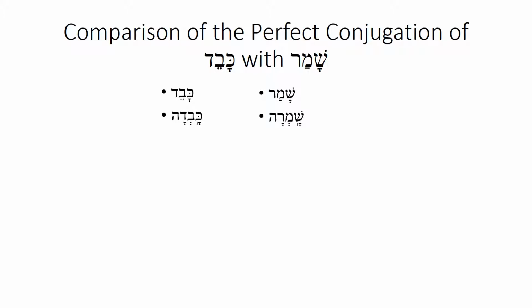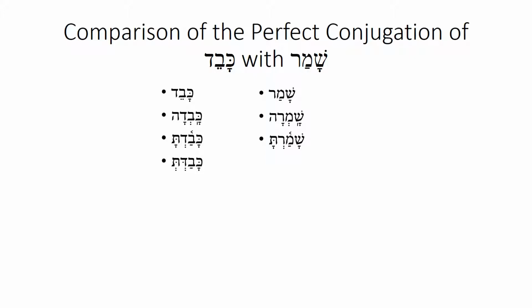We don't see it in the third person feminine singular, but here in the second person masculine singular, we're going to see that this tsere from kaved is converted to an A-class, a patha. So it's kavadta, and that compares very similarly with shamerta.